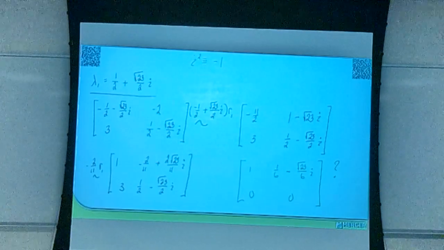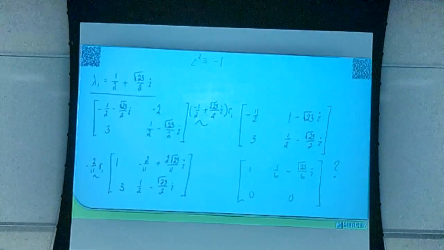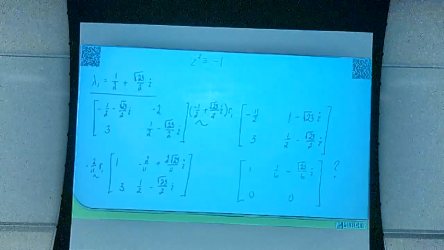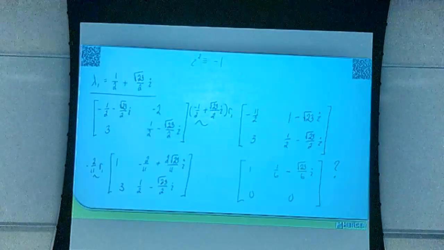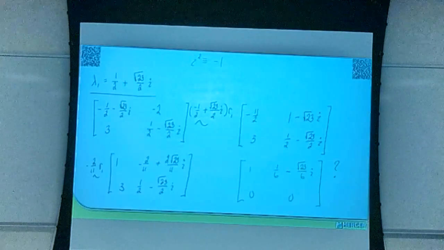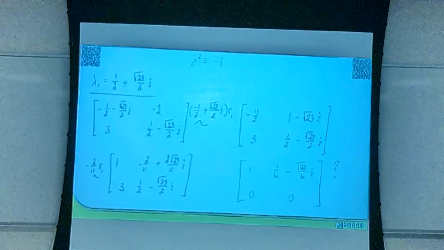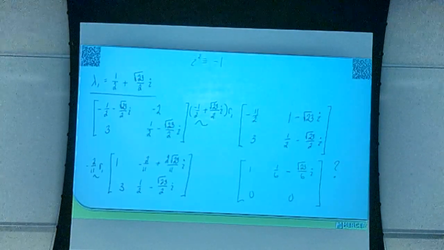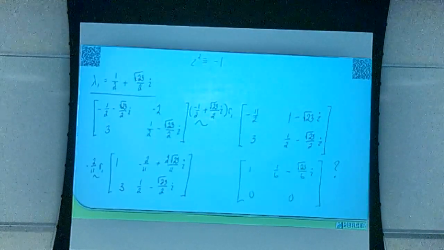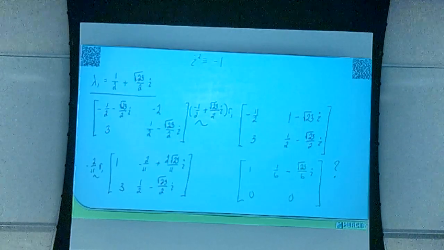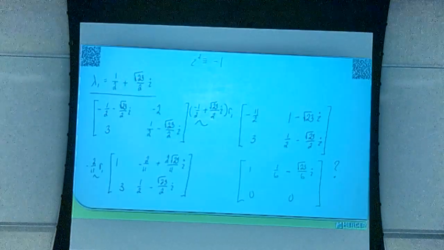So that is what they did. They swapped row 1 and 2 and then went from there. Oh, good.